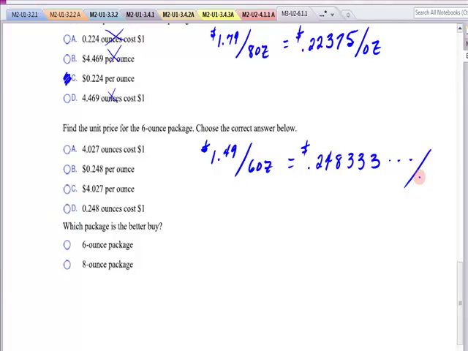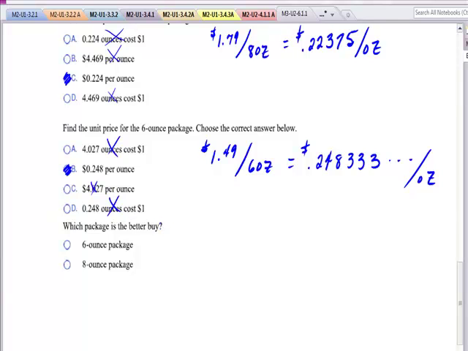This is money per ounce. So it can't be that one, and it can't be that one because the labels are wrong and that number is wrong. This is the right rounded answer. So I have my 2 unit costs.